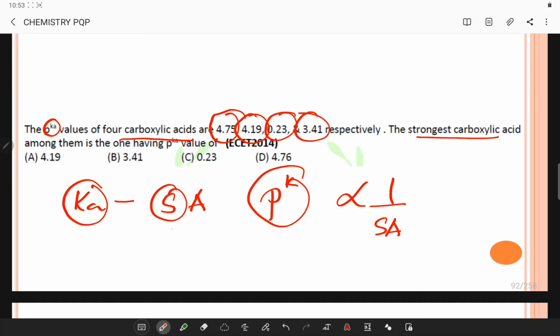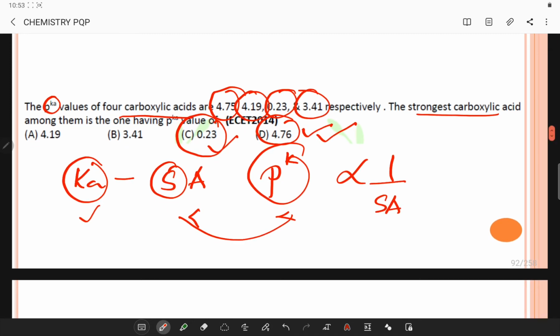Hence the strongest acid will have the lowest value, whereas the weakest acid will have the highest value. Try to remember this relationship. So the answer here is the one with the least value.